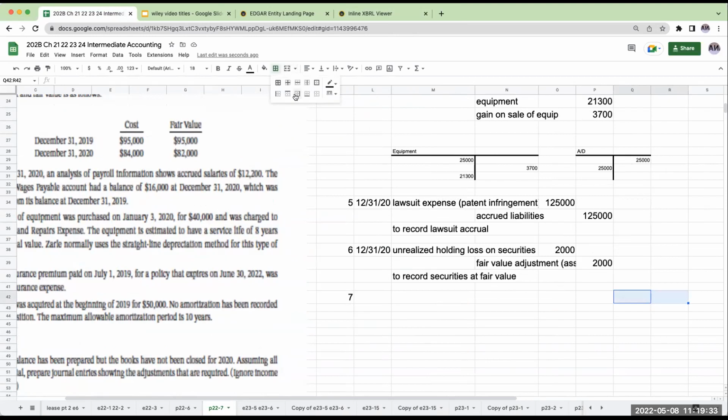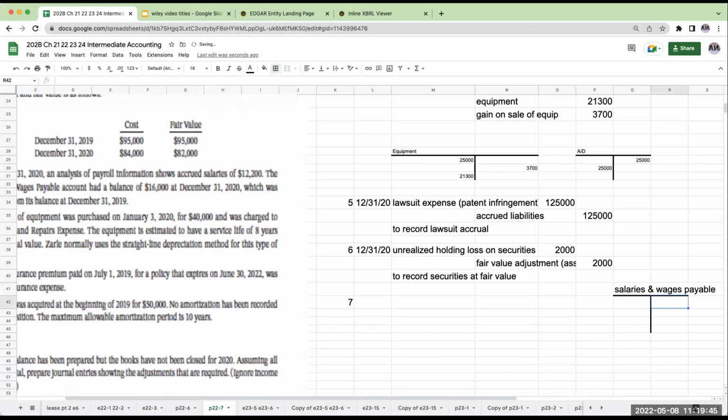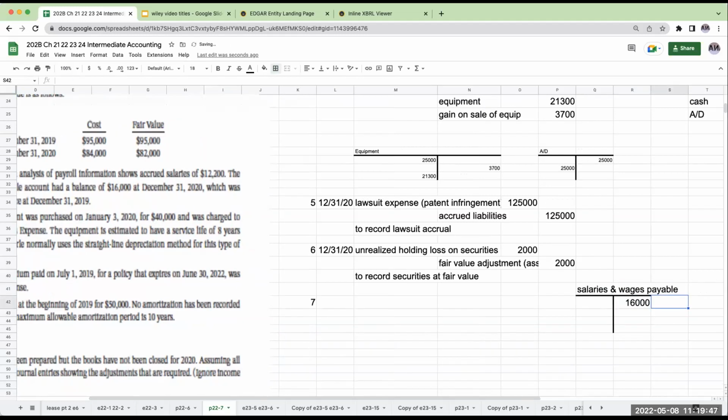So my salaries and wages payable had a balance over here of 16,000, right? So this is the balance pre-adjustment. Now, what it tells me here is that my accrued salaries and wages should be 12,200.